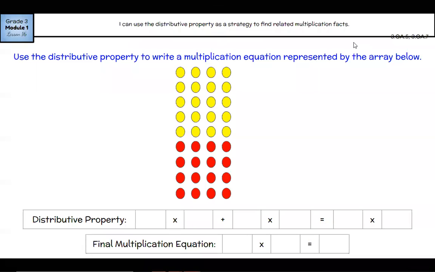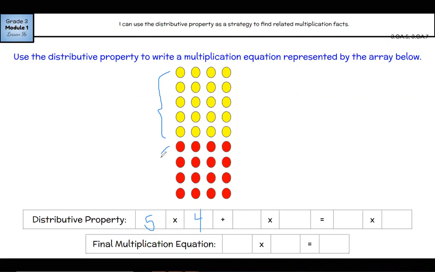Okay, let's try that again here. So again, we're going to use the distributive property to write the multiplication equation. So if we're looking just at the yellow right now, we have 1, 2, 3, 4, 5 rows. There are 1, 2, 3, 4 in each row.